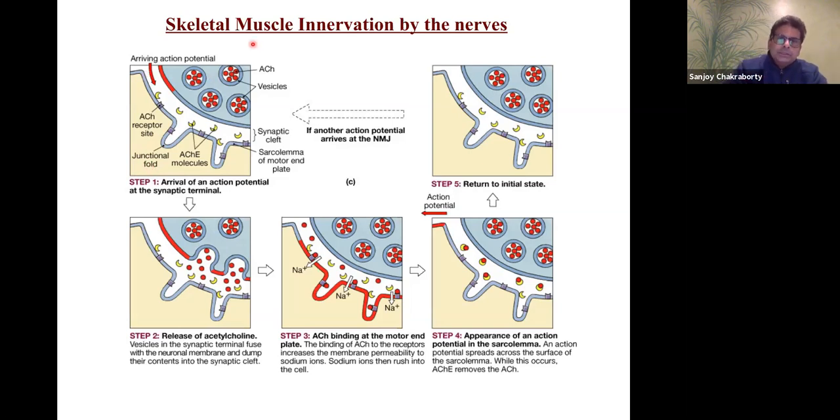So once the signal arrives here, the neurotransmitter comes out and binds to the receptors, boom, the signal is on in the muscle cell, carried to the sarcoplasmic reticulum, and calcium is released. Got that. What next? At the synaptic terminal right here, you see that yellow molecule?